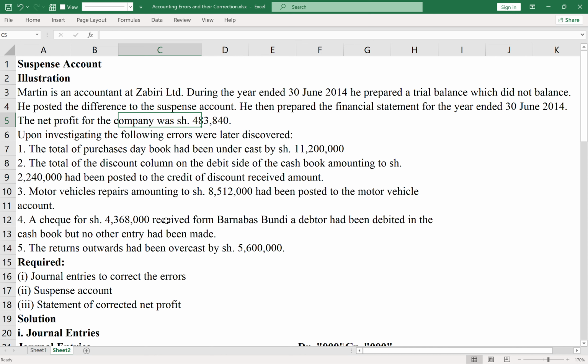A cheque of 4,368,000 received from Barnabas, Budi and Data had been debited in the cash book, but no other entry had been made. Then the return outwards had been overcast by 5,600,000. We are to prepare the journal entries to correct the errors, the suspense account, and also the statement of corrected net profit. Before I go on, please take some screenshots on that.